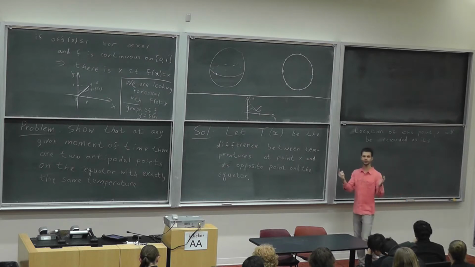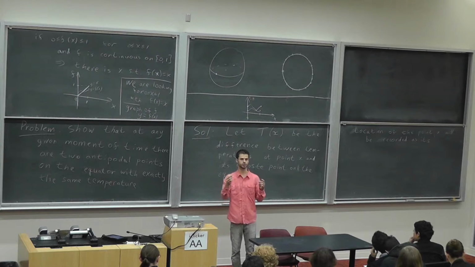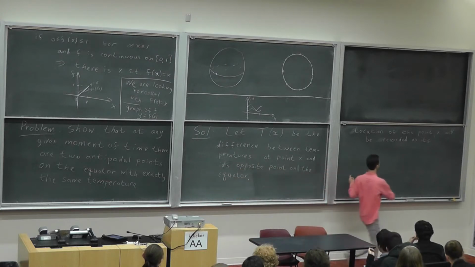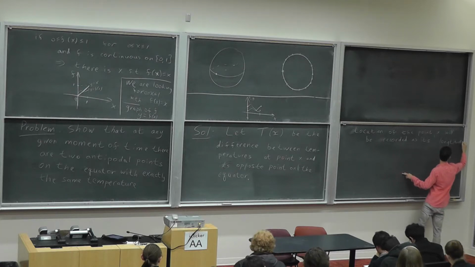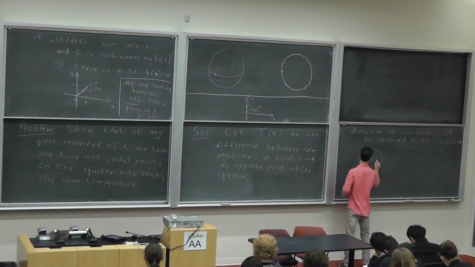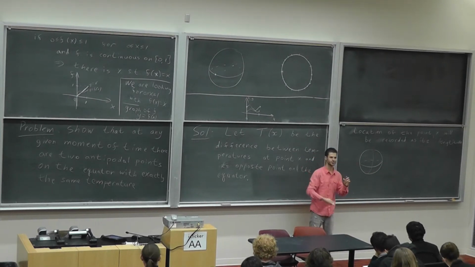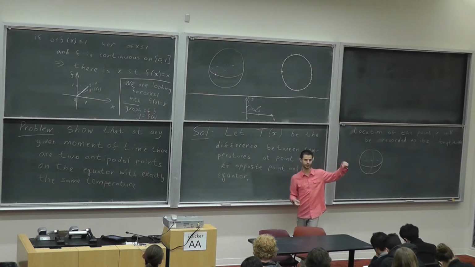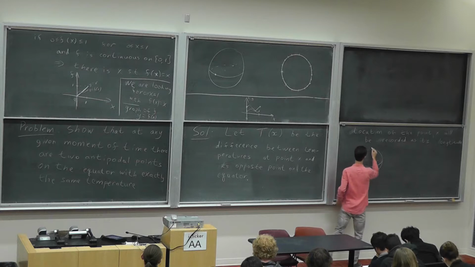For a point on the equator, it makes sense to talk about its longitude. There are meridians, imaginary lines going from the North Pole to the South Pole, and there is the 0 meridian.